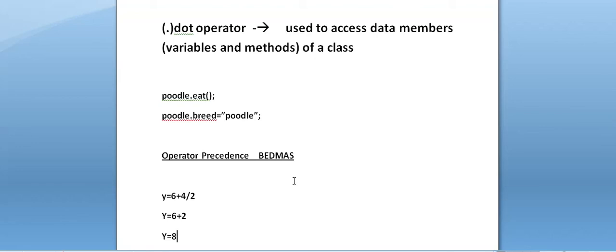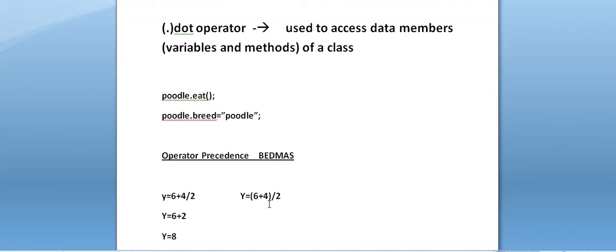And if the expression was like this, y is equal to (6 plus 4) divided by 2, I have told you that the precedence, or the ranking, of bracket is higher, as you can see from your book. Bracket will be solved first.